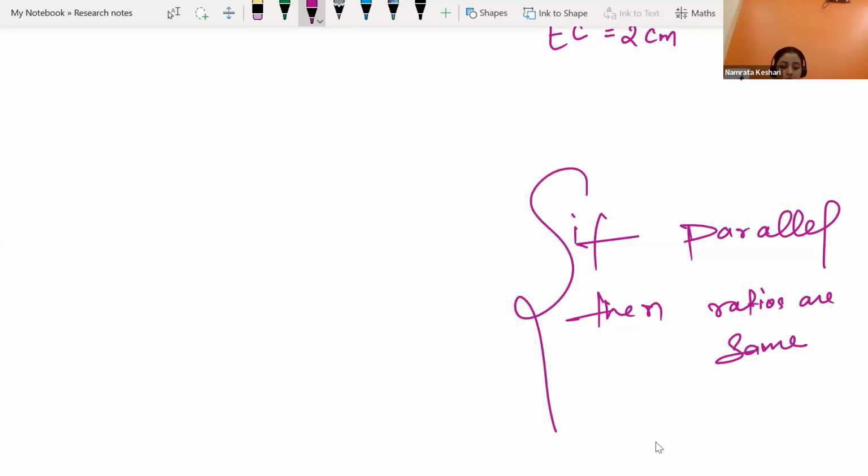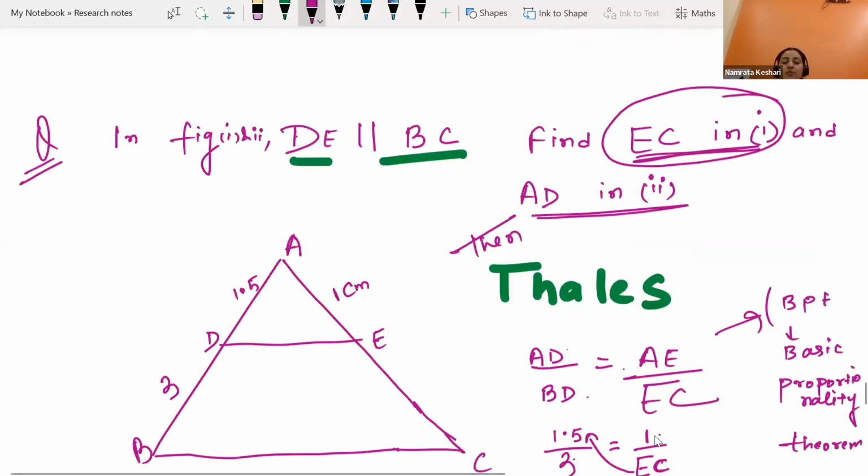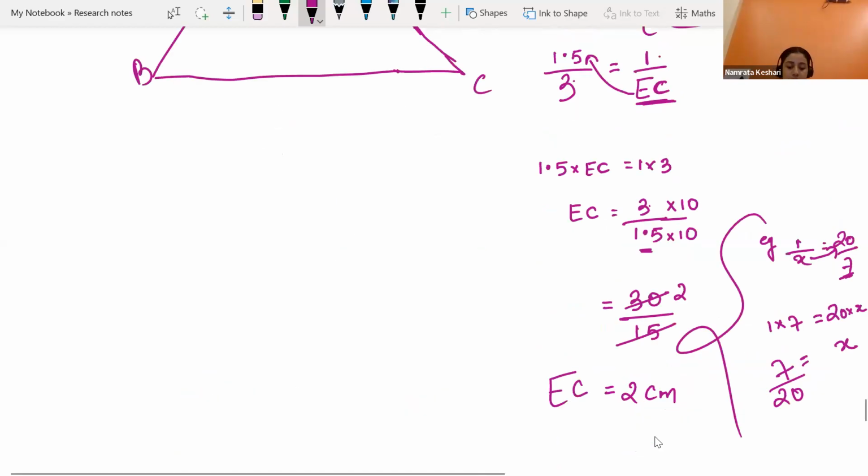Now let's take the next figure. You got the idea how to solve it. I'm drawing the next one.